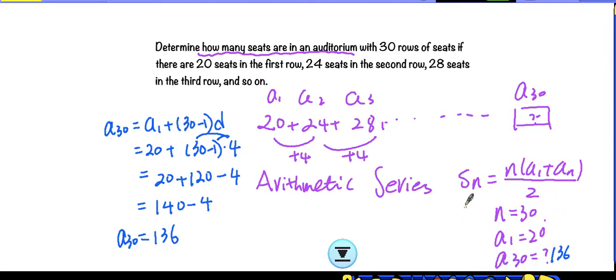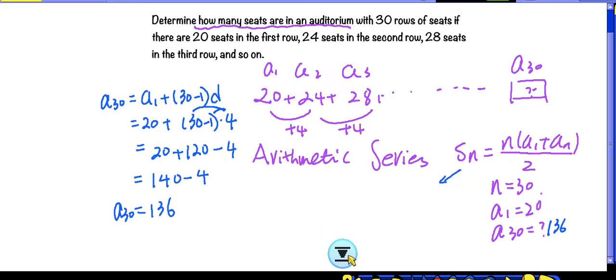So now I'm going to put everything into the formula to find this whole sum. Let's use a different color. n is 30. The first term is 20, and the last term we already found, 136, divided by 2.